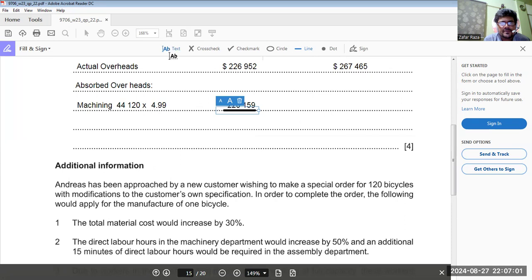How much? 226,952 minus 220,159 is 6,793 under absorbed.